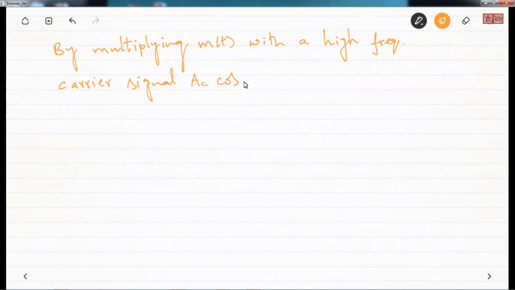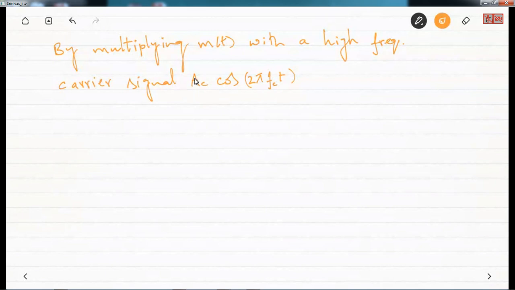See, this AC, you need not give much importance to this amplitude. It can be taken as 1, right? We will see the role played by AC, but here it's simply a constant. So don't get confused much by this AC. It's just a constant peak amplitude.